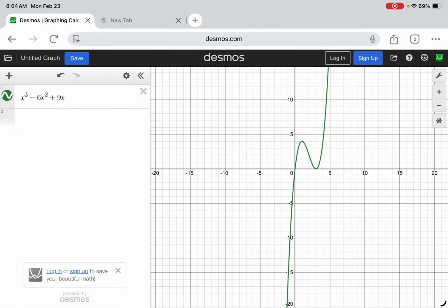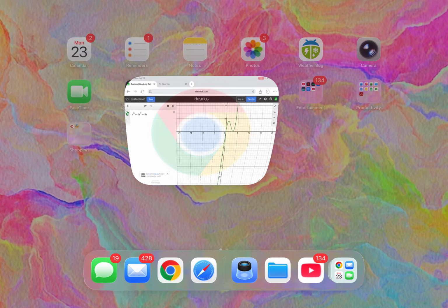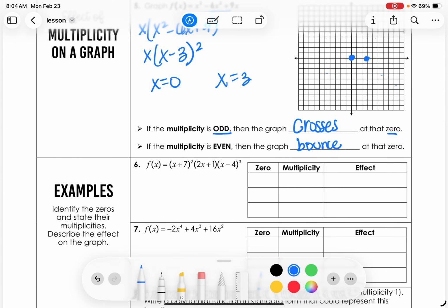It's given us our equation there. And so what we see is that it's crossing right here at the first 0, at (0, 0), and then over here at our second 0 at 3, it's bouncing. It goes down, it hits the 3, and it bounces back up. And so now we can draw that in our graph.